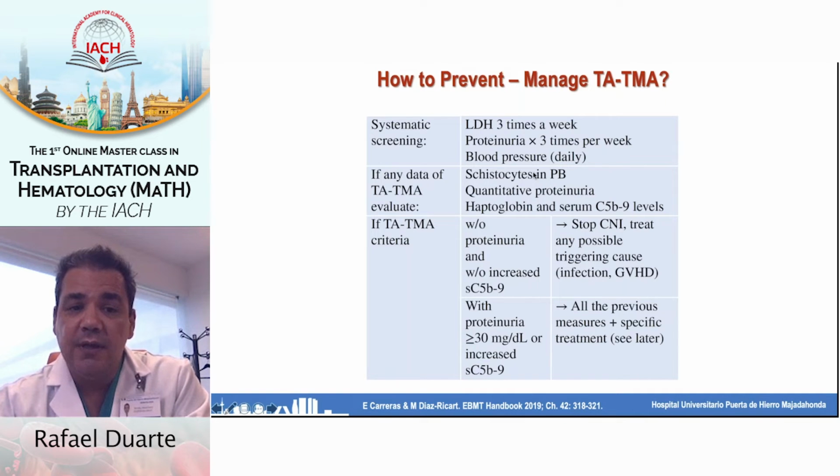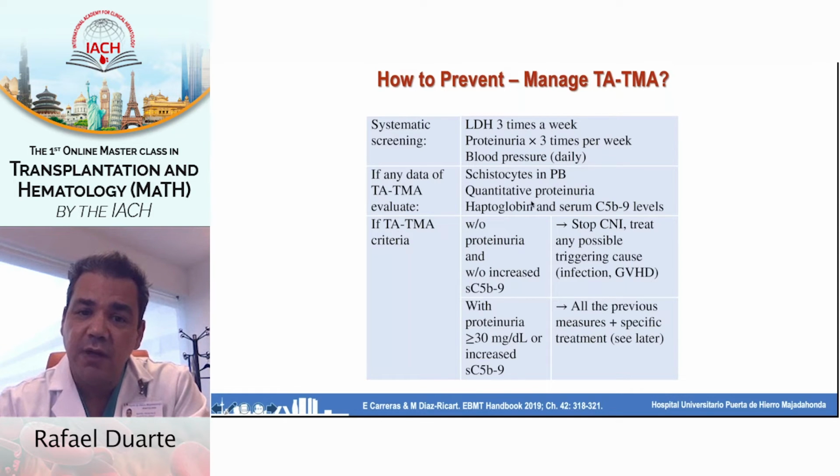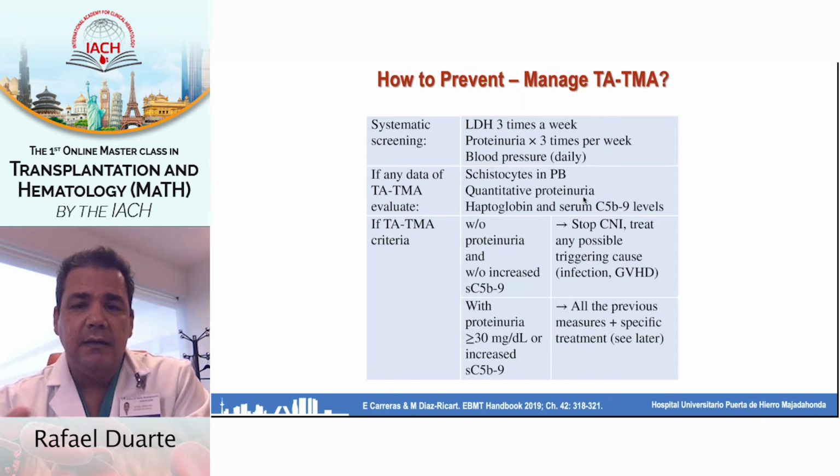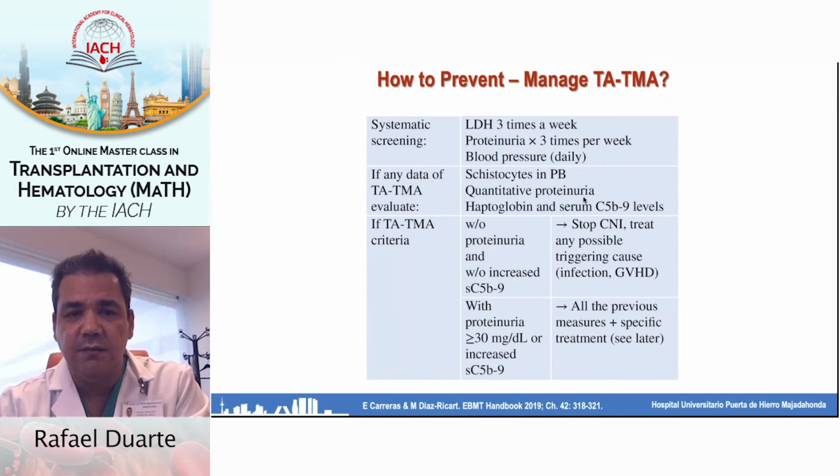If any of this data suggests any risk, any warning for TA-TMA, then schistocytes monitoring, quantitative proteinuria, and the measurement of haptoglobin and serum C5b9. And there are good levels for the latter from Sonata Jodele's data. In children, the reality is that for most of us, getting that information is hard in a timely manner in the management of these patients.